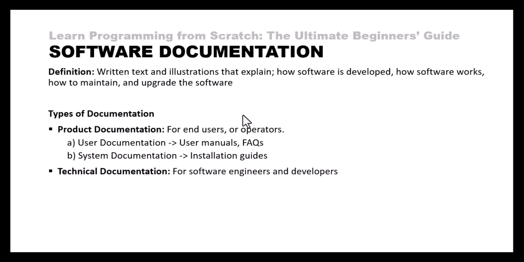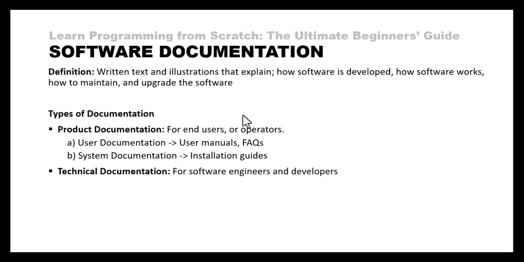The second category of documentation to be aware of is technical documentation. Technical documentation about a software belongs to software engineers and developers. This one is strictly for developers and software engineers. If I buy a software, technical documentation is not shipped with it. What is shipped with the software I buy is product documentation.